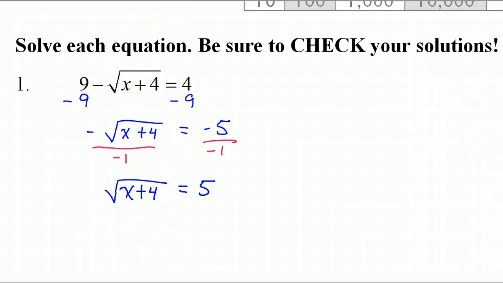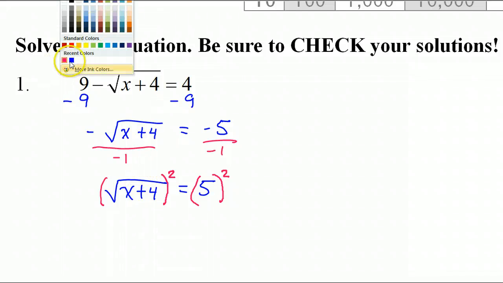So if I were to square both sides of this equation, okay, I can square the left side and square the right side. Because square root and squaring are inverses, they cancel each other out.